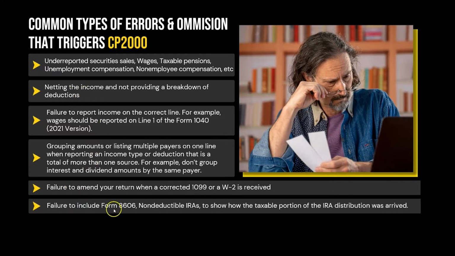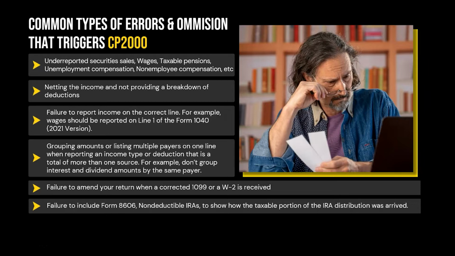Now, another issue is failure to include Form 8606 to show the IRS how you determined the taxable portion of your IRA distribution. Sometimes people take out an IRA distribution and don't report the distributions correctly.